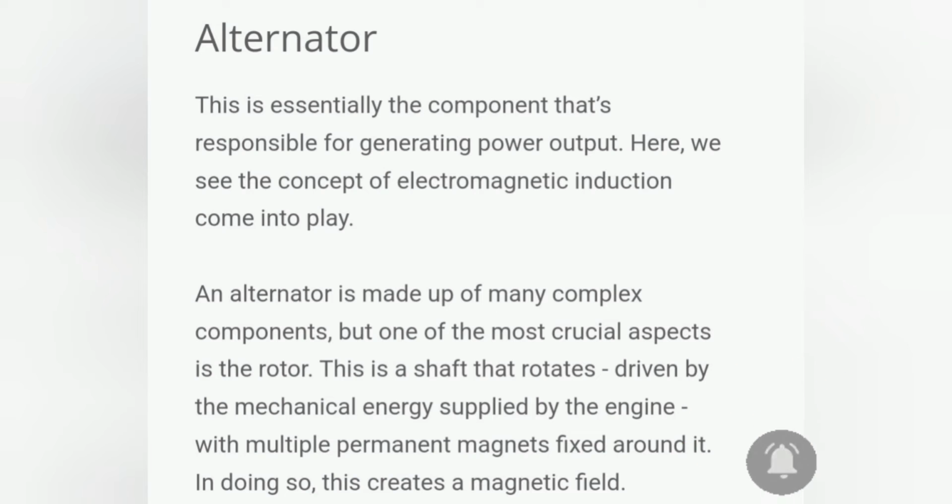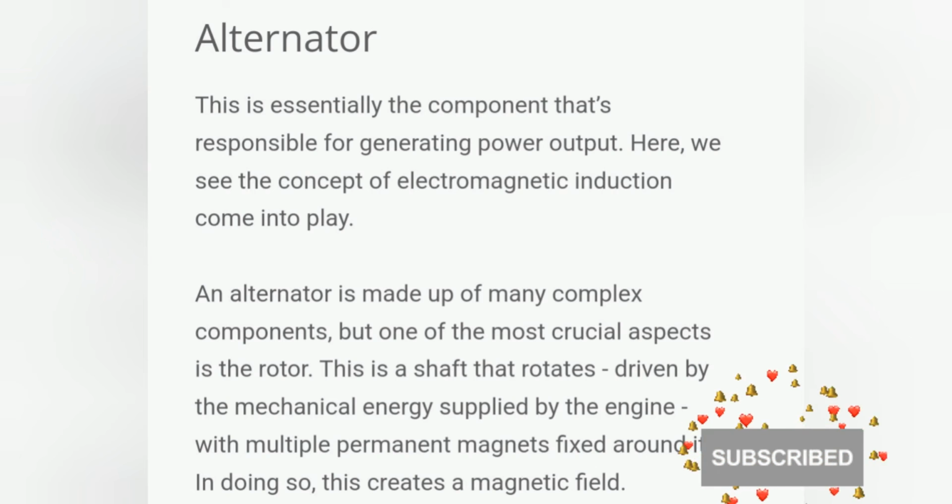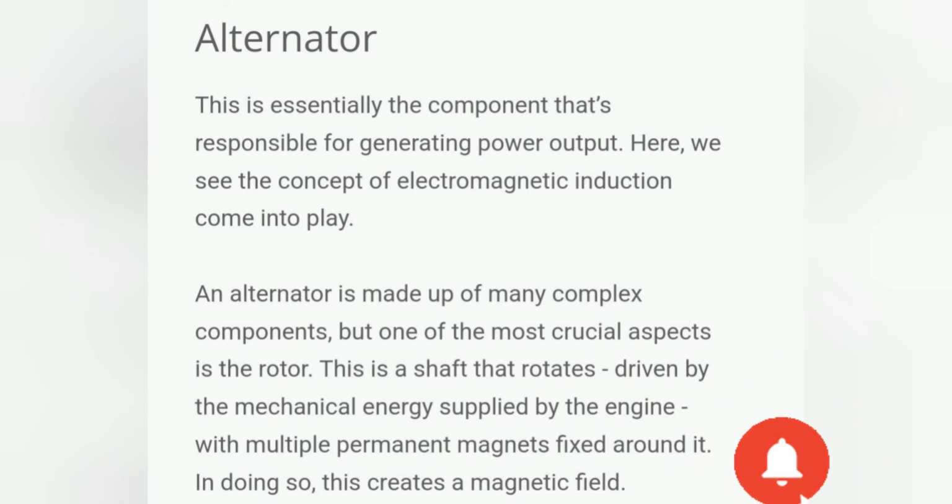Then coming to the alternator, this is also essential and responsible for generating the power output. Here we see the concept of electromagnetic induction. Based on this electromagnetic induction only, the alternator works.